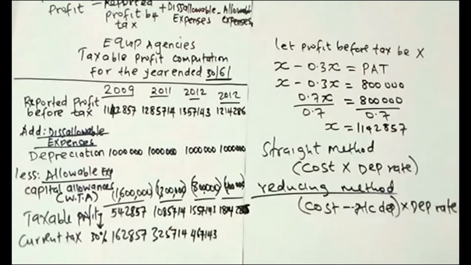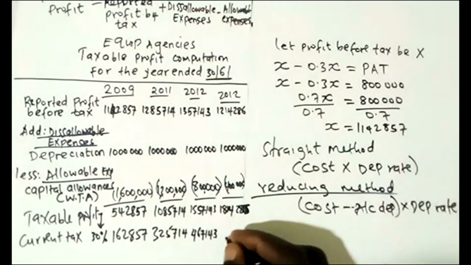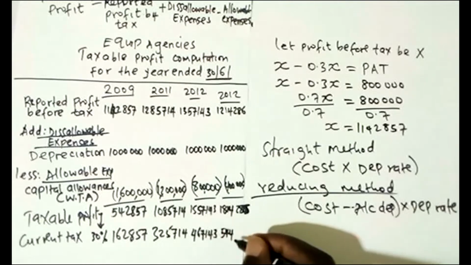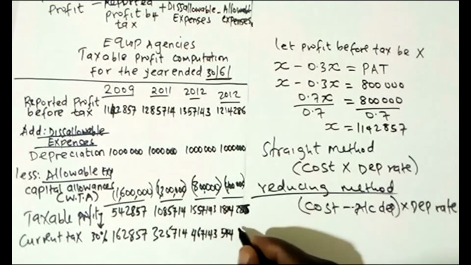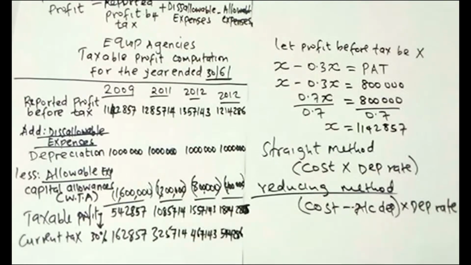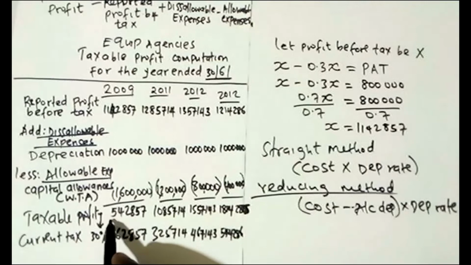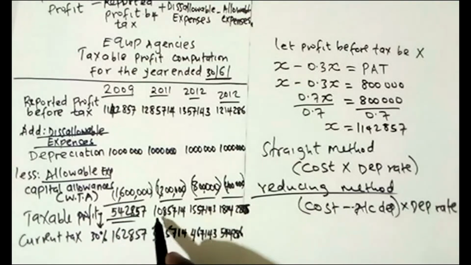So 544,286. So that is how it is. The most important thing they needed was the taxable profit.